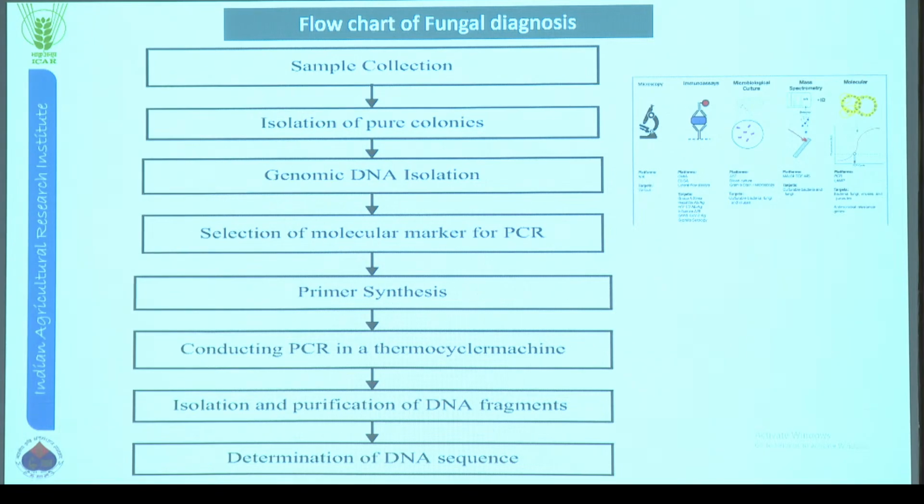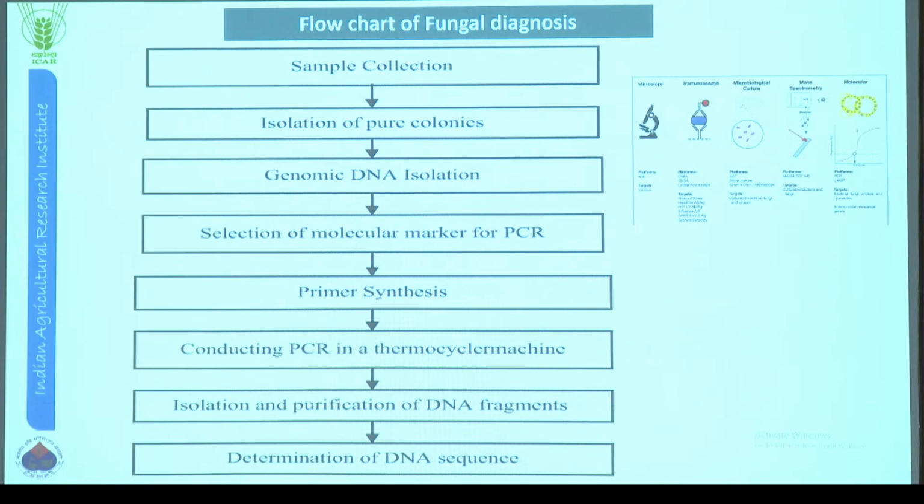Then genomic DNA, then selection of molecular marker for PCR. What to do? Which marker do you have to take? See, if you don't have any markers, see the literature first. Whether a Bipolaris sorokiniana marker is available or not in literature, whether anybody has done work or not. Because we don't have markers for all the pathogens.